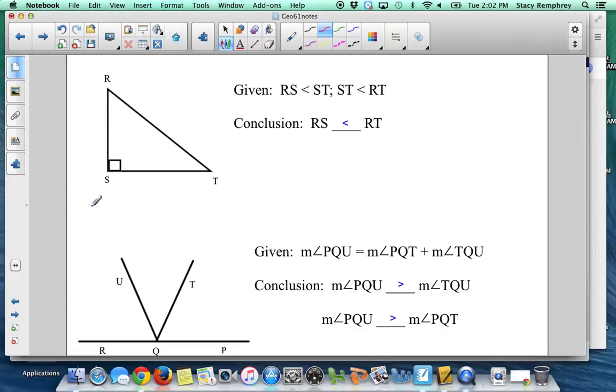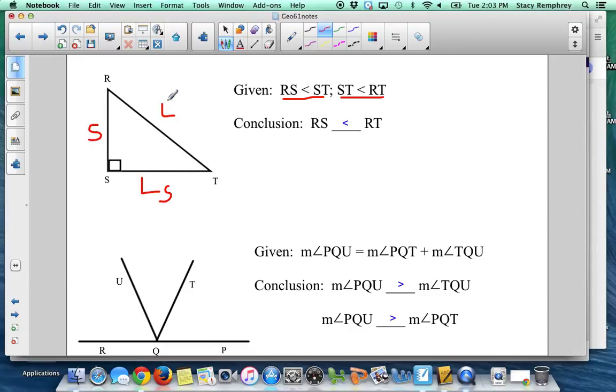All right. So you see I have the answers here. This is using that property of inequality. RS is smaller than ST, but then here's ST and that's smaller than RT.